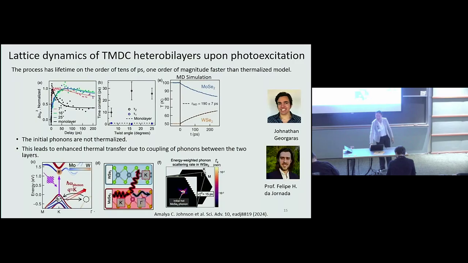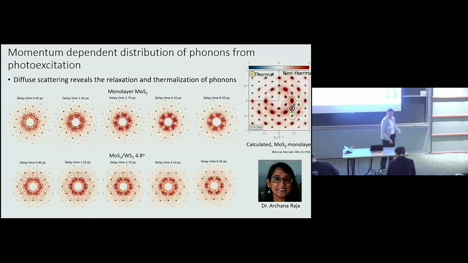What I have shown you is our experimental estimation from the Debye-Waller effect, but we can also see a momentum-dependent distribution of the phonons just from the diffuse scattering background. This was done in collaboration with Dr. Archana Raja's student, who helped us develop the code to analyze diffuse scattering.